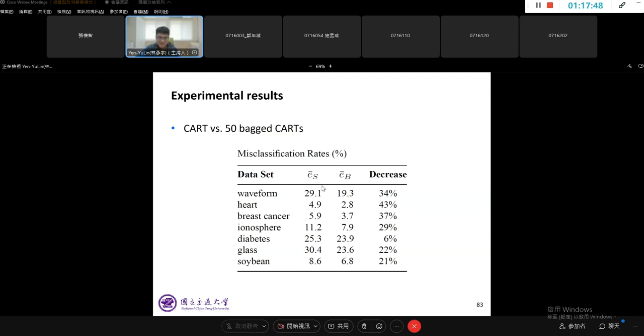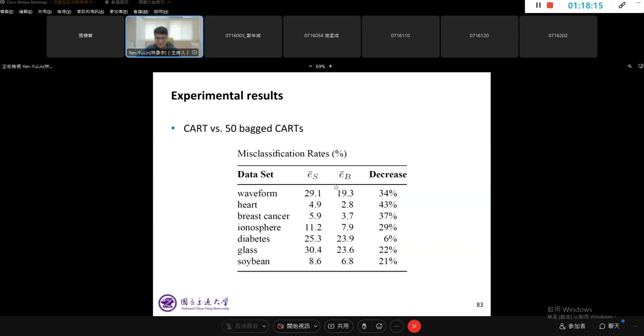As you could see here, take the waveform data set as the example. If we use a single decision tree, the error rate is more than 28%. But if you use a 50 bagged CART by using the bagging algorithm, we can reduce the error rate from 29 to 19.